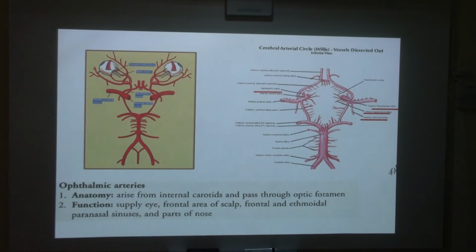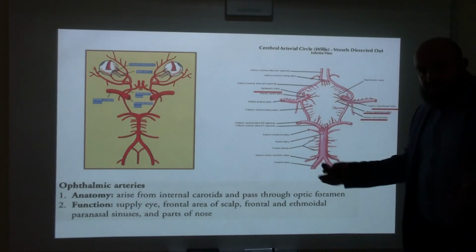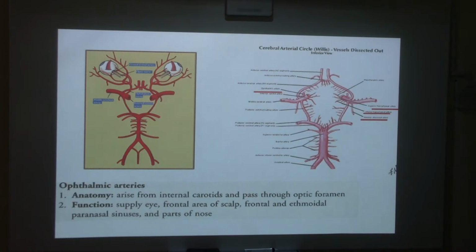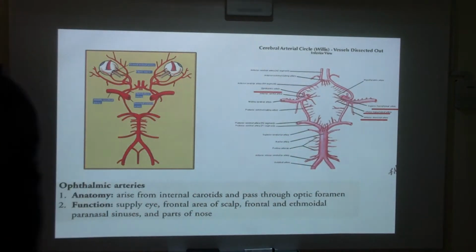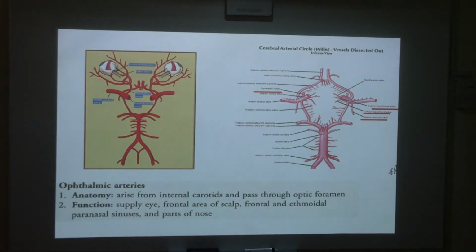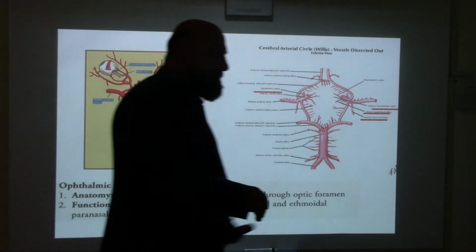But the internal carotid artery, before it divides into 3 major branches, will give us smaller and yet important other branches. One of them is the ophthalmic artery. Ophthalmic artery, as the name implies, it accompanies the optic nerve through the optic canal to supply the eye, the retina, and all of that, and then it will supply this part of the face and the scalp, okay, and the nasal sinuses.